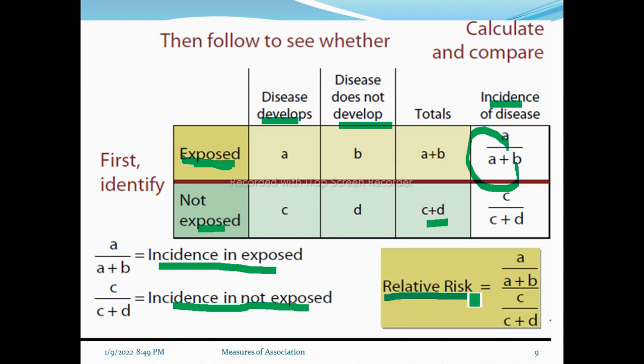So relative risk is A over A plus B divided by C over C plus D. A over A plus B over C over C plus D is the formula for relative risk.